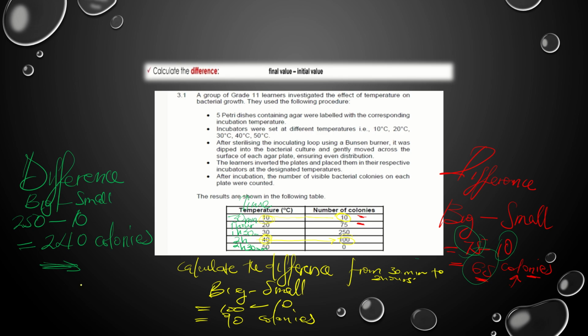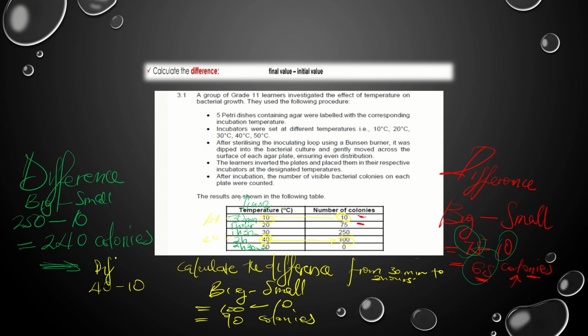If they say the difference in terms of temperature, then you're going to be specific and say 40 minus 10. Let's take the difference in temperature from the first trial to the fourth trial. You check 1, 2, 3, 4. The fourth trial is at 2 hours, and the first trial is at 30 minutes. So in terms of temperature, big minus small, 40 minus 10.